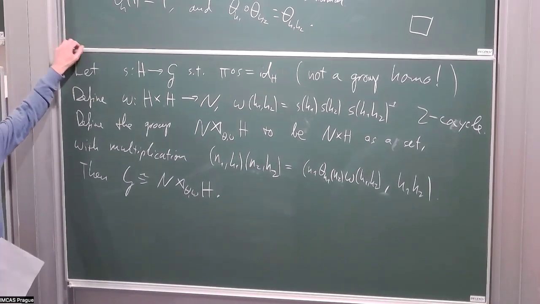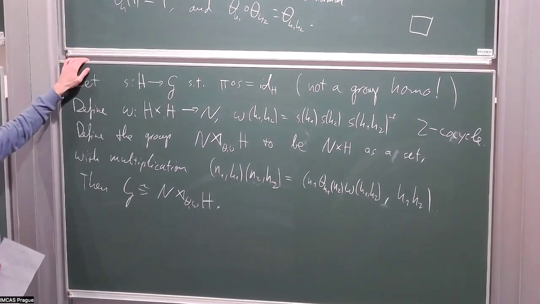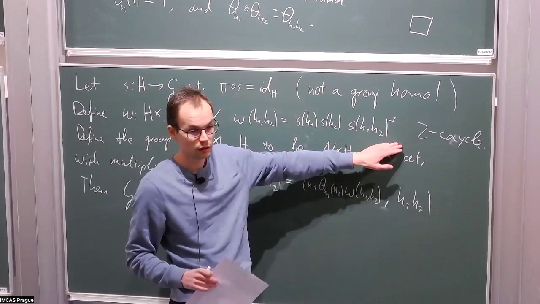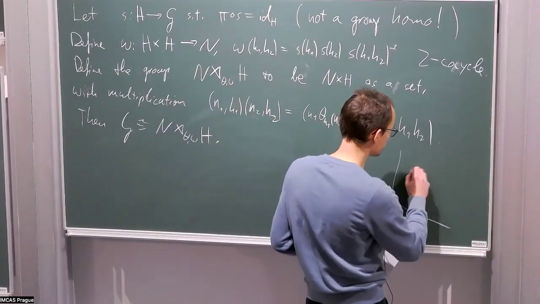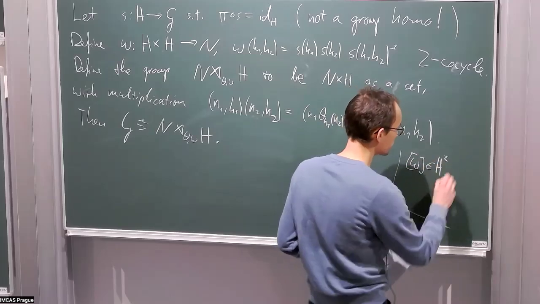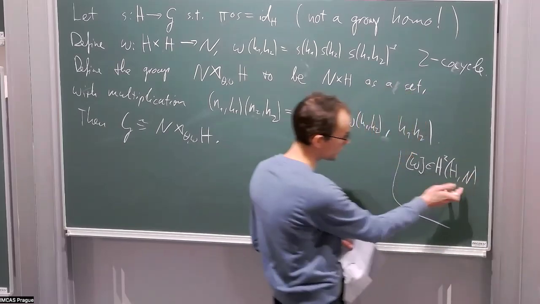If you've seen group cohomology before, then this will be familiar to you, because what we have done is just start with an extension and produce a cocycle. Maybe I do this as an aside. This cocycle would give us a class in the second cohomology group of H with coefficients in N, where you have to fix the action.